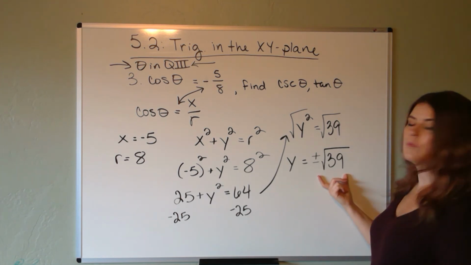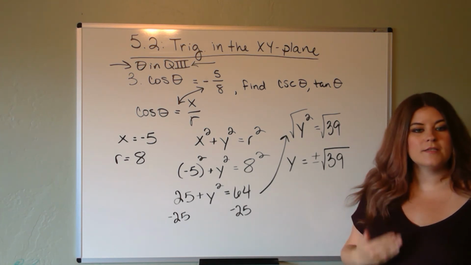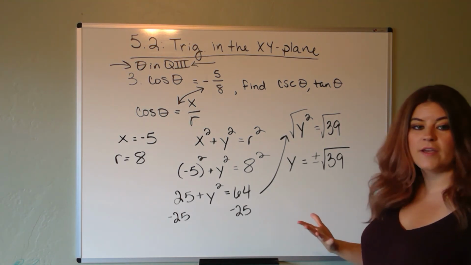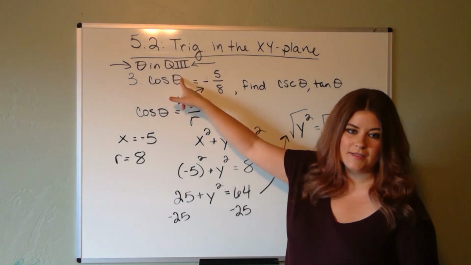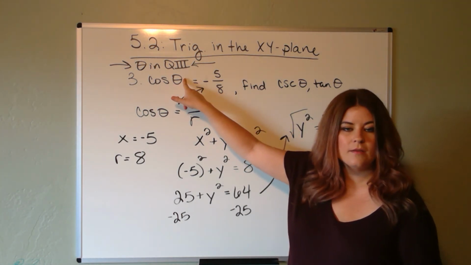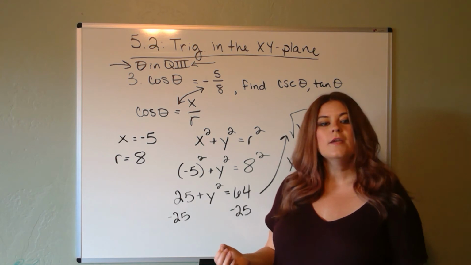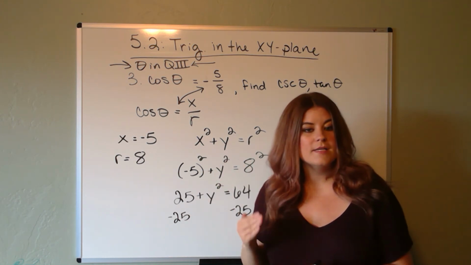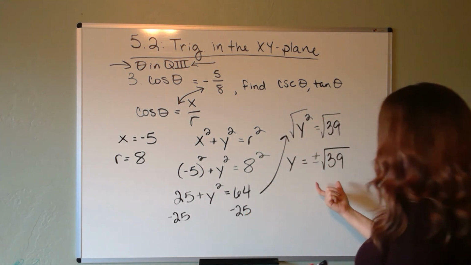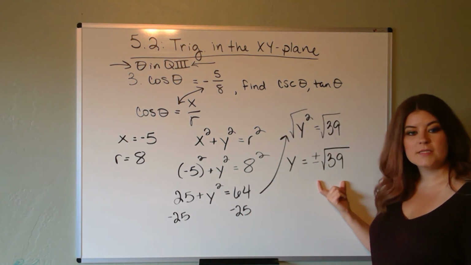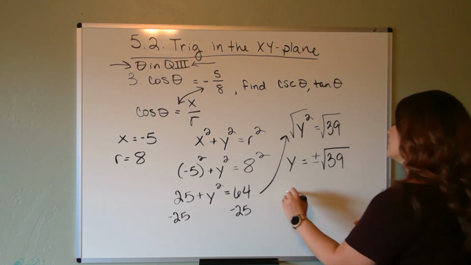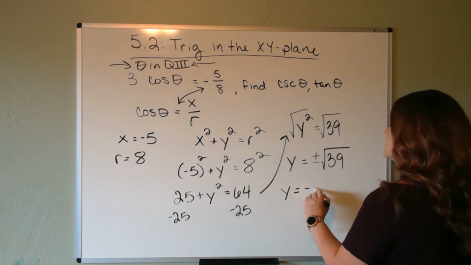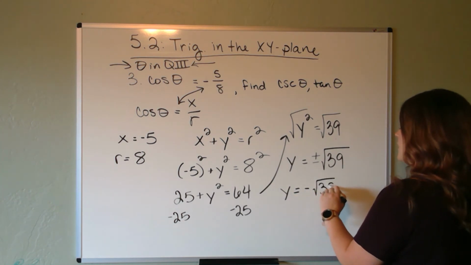So y is definitely either positive or negative. How do we find out? We look at the quadrant it's in. In quadrant 3, think about our picture. In quadrant 3, x is negative and y is negative. So when we solve for this y, because it's in quadrant 3, I know it's the negative square root of 39.